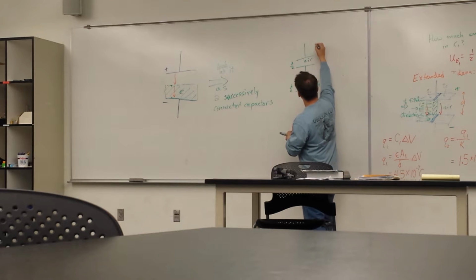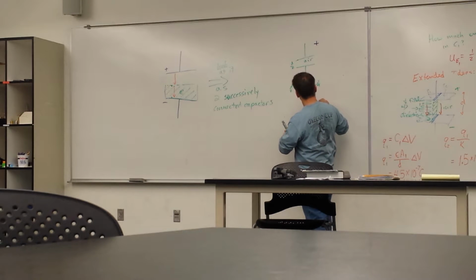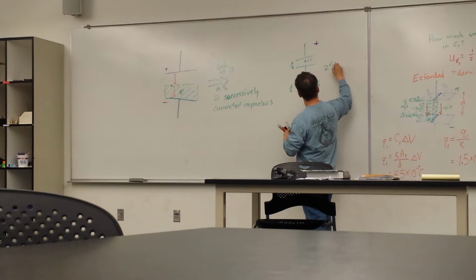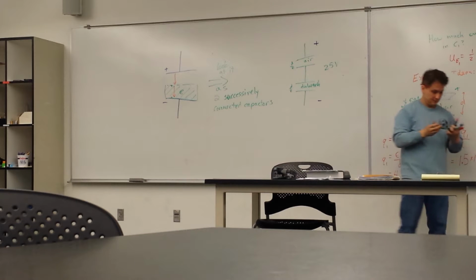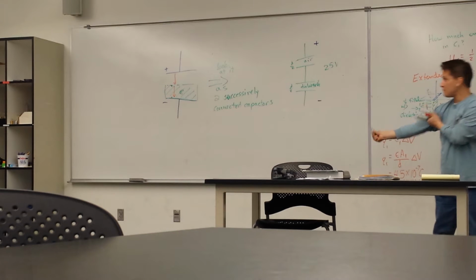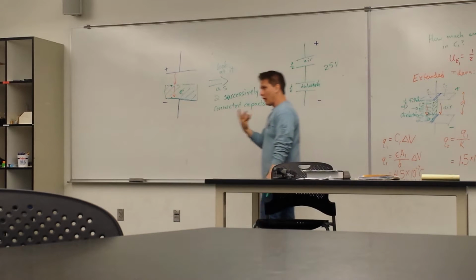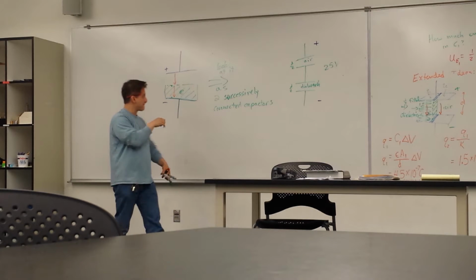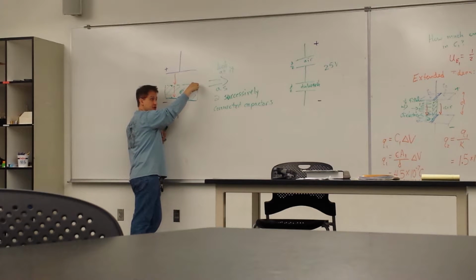And there's your plus, there's your minus. So we've got 25 volts between the two ends. Now, lest this look odd, think about it this way. At this interface, regardless of what the electric fields are doing, the potential difference, the voltage value, is going to be the same.